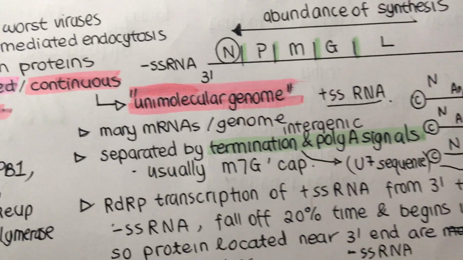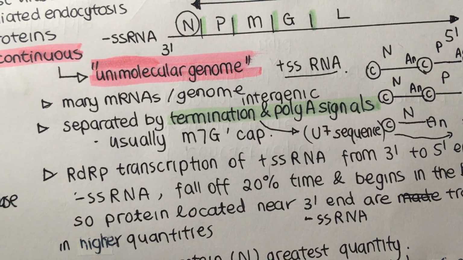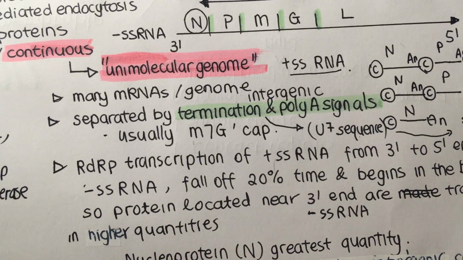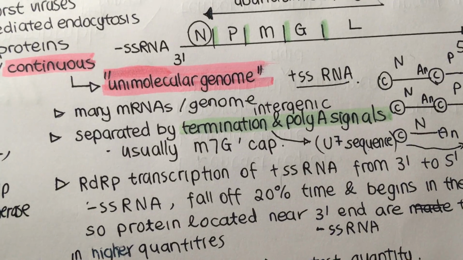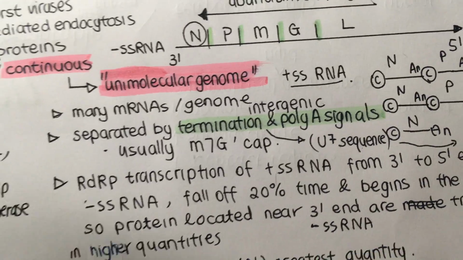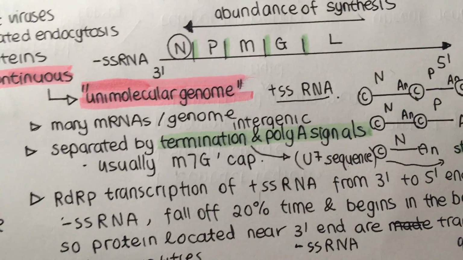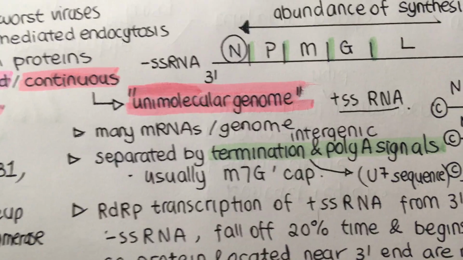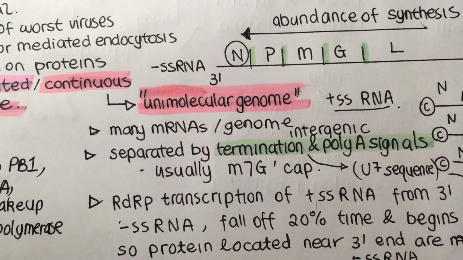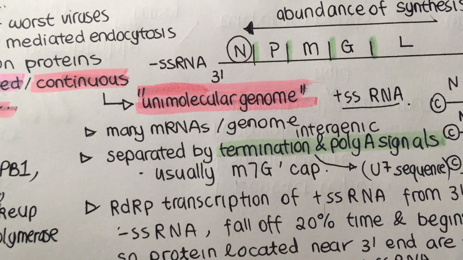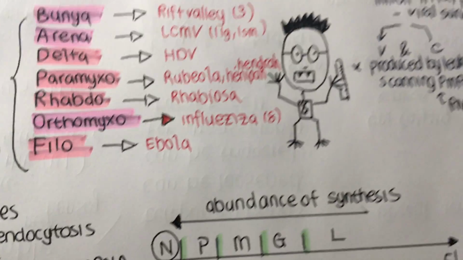Additionally, it can bind to the intergenic sequences we previously discussed, and this just tells the RDRP to be more stable and continue replicating along the negative single-stranded RNA to copy the genome, rather than just prepare a bunch of mRNAs from that. These are used by Delta, Paramyxo, Rhabdo, and Philo families.